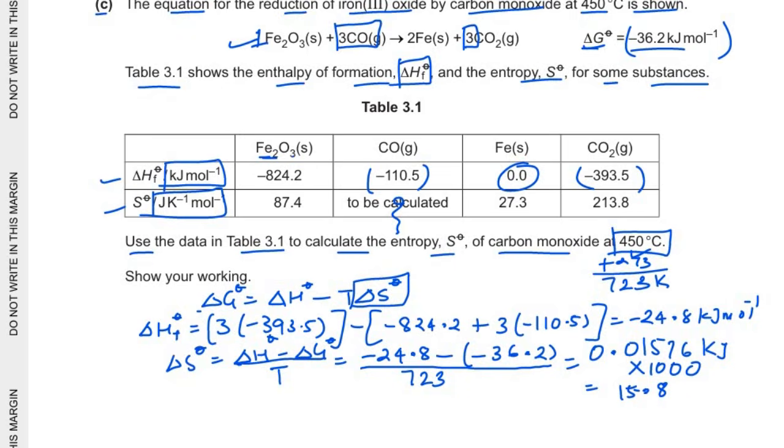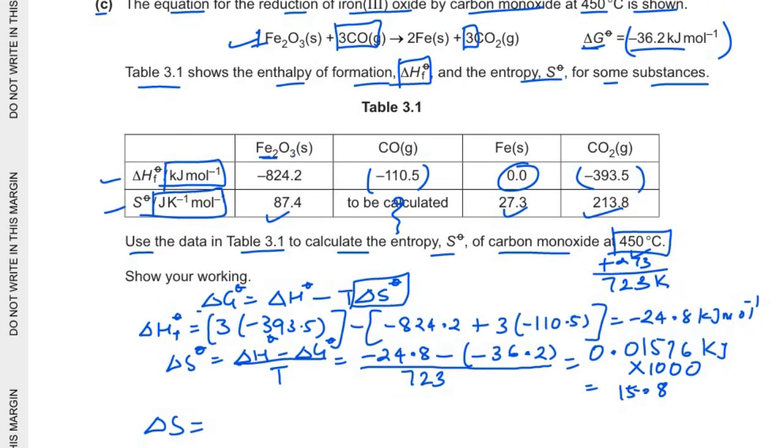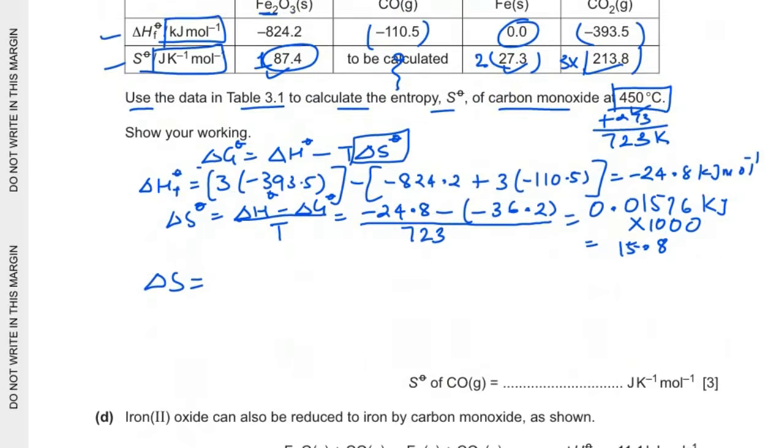Now let's calculate the entropy of carbon monoxide from this. Now the entropy of all these are given, so total entropy change again is product minus reactant. In that case, carbon dioxide value has to be multiplied by 3, the Fe value has to be multiplied by 2, and Fe2O3 is one molecule, so we use it as such.